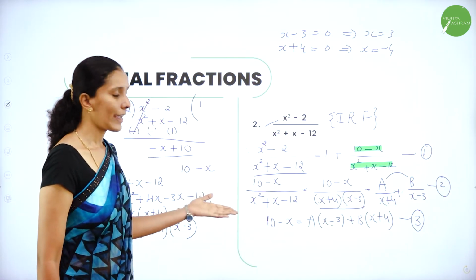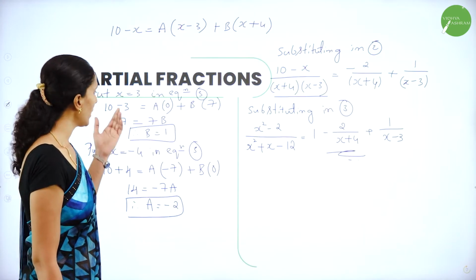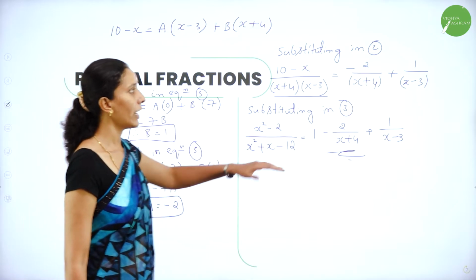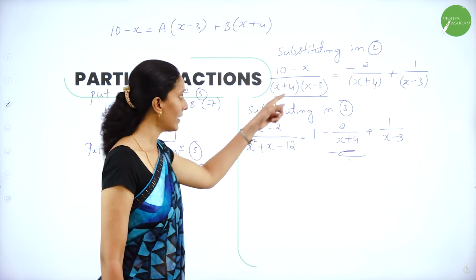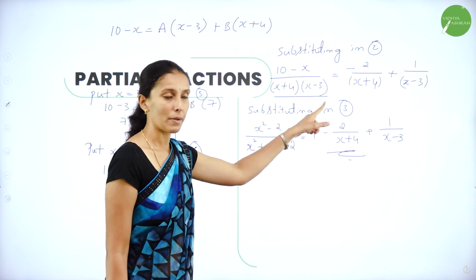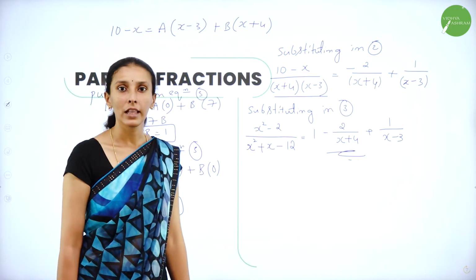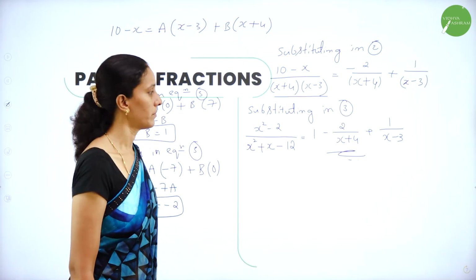Then again the same method of finding the constants. So substituting the values of b and a in equation 2 we will get, in the place of (10 minus x) by (x plus 4)(x minus 3), we'll just write the same value. Thus we have resolved the rational function.